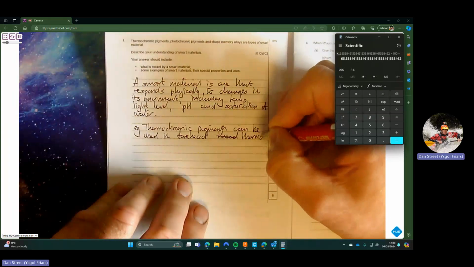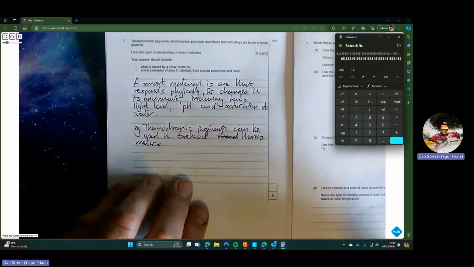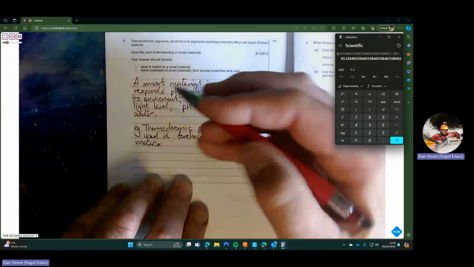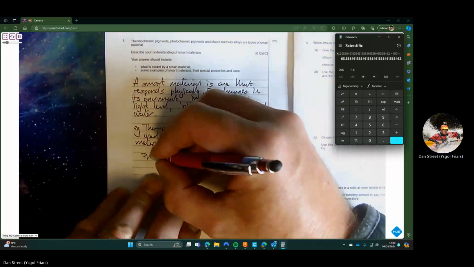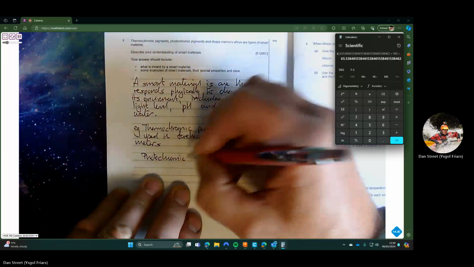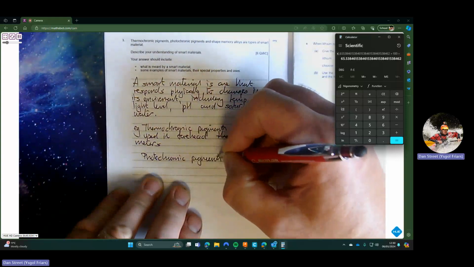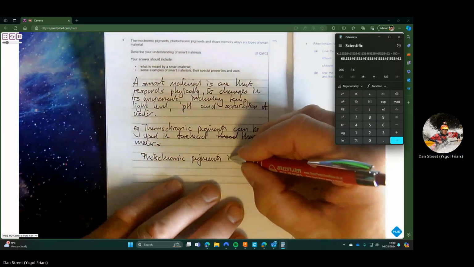Strips you put on your forehead that tell you your temperature. That would be thermochromic pigments. We've got photochromic pigments. And they've been used for many years in light-sensitive glasses.